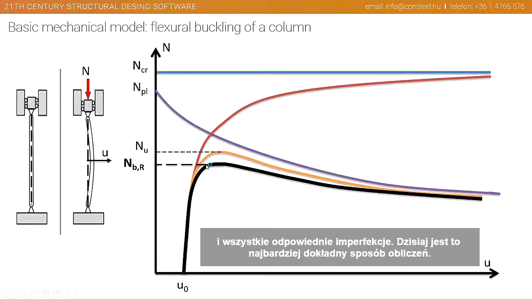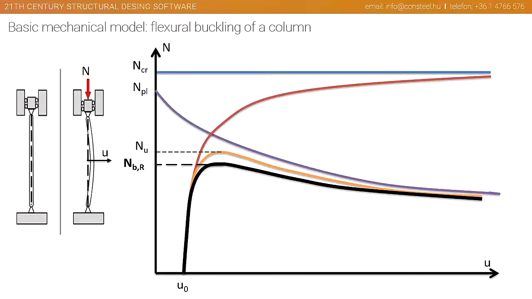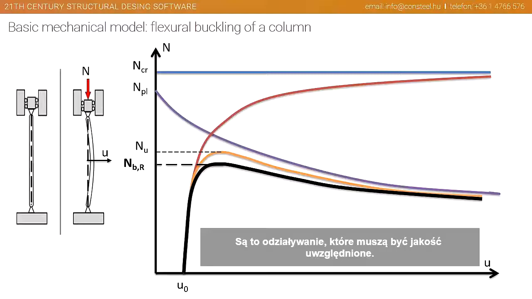And today this is the most accurate way of calculating resistance, global type buckling resistance of steel members. These are the effects which should be somehow calculated.